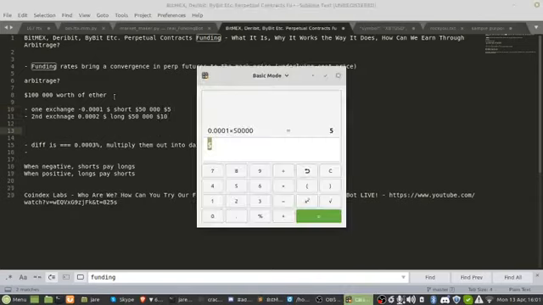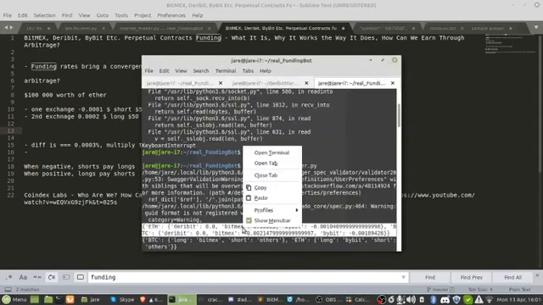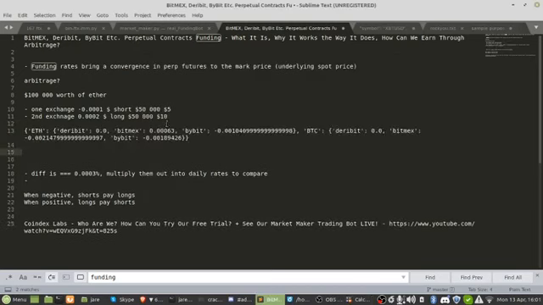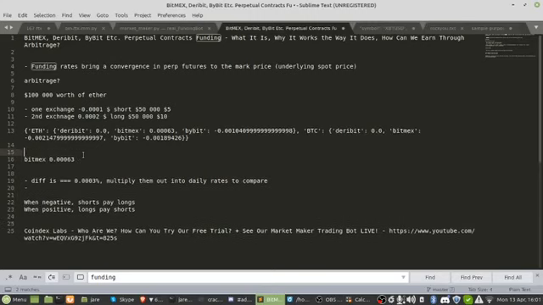Look at what that looks like with the actual rates that we saw from the API for Ether. So if we were to short BitMEX and long Bybit, and this is using real numbers from the actual exchange as it is, we'd long with half our balance and short with half our balance.